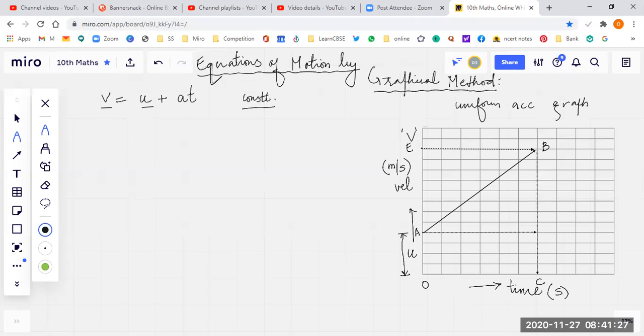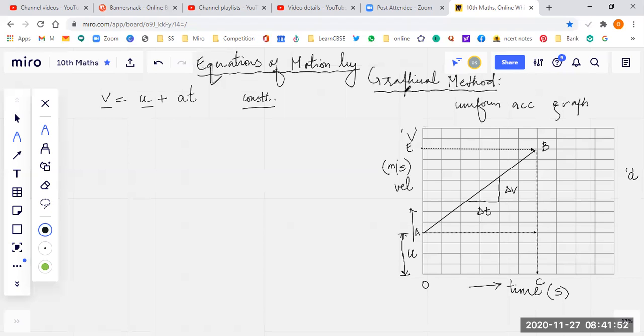If you take any two points on this graph, delta V by delta t is equal to acceleration A. You can take any time interval, the delta V by delta t ratio will be the same.